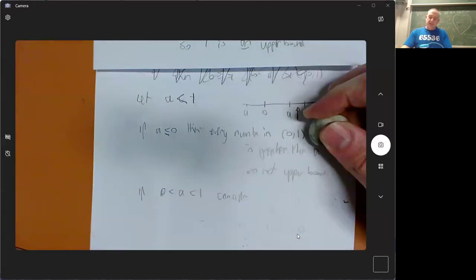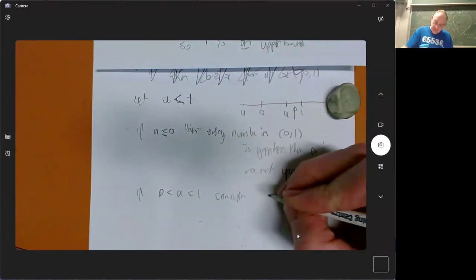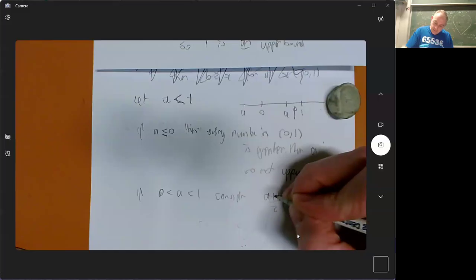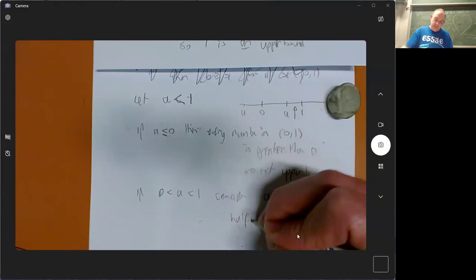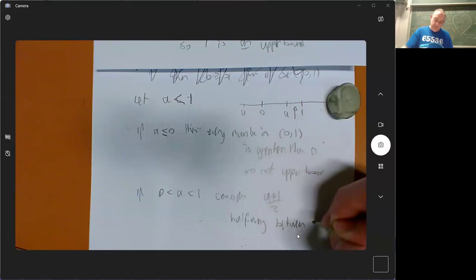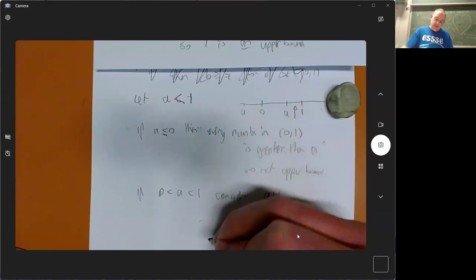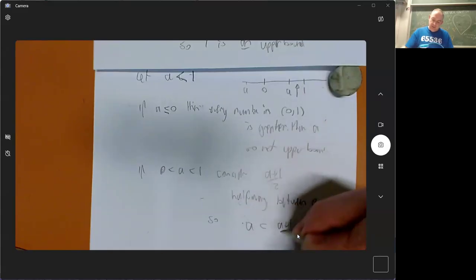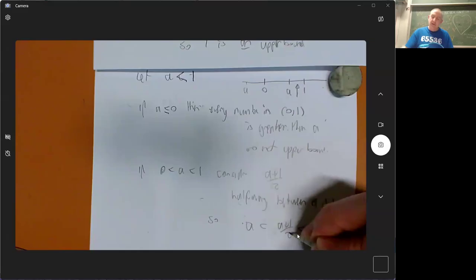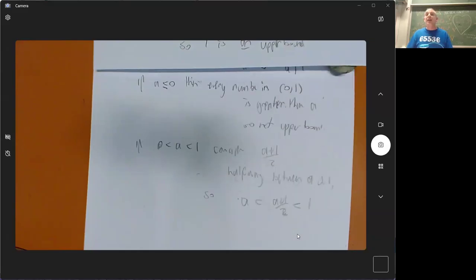Okay. So we are still going to consider this number. This is halfway between a and 1. So we have that a is less than a plus 1 over 2, which is less than 1. Or you could just say that there are numbers in that gap, but that's fine.